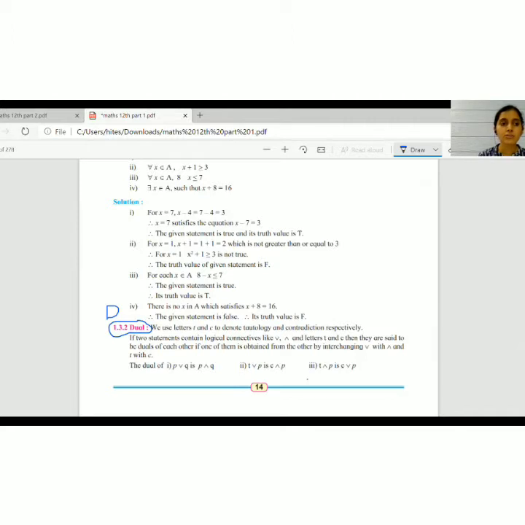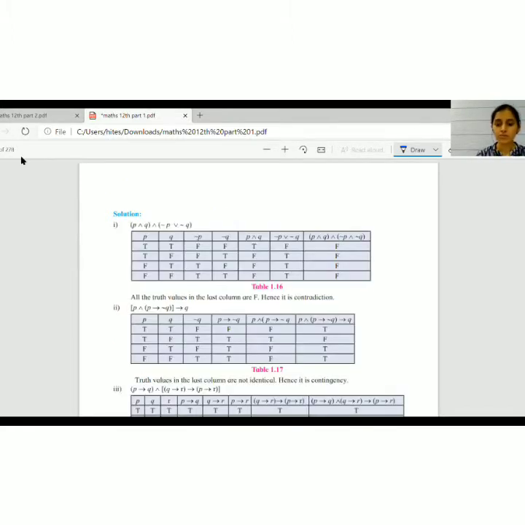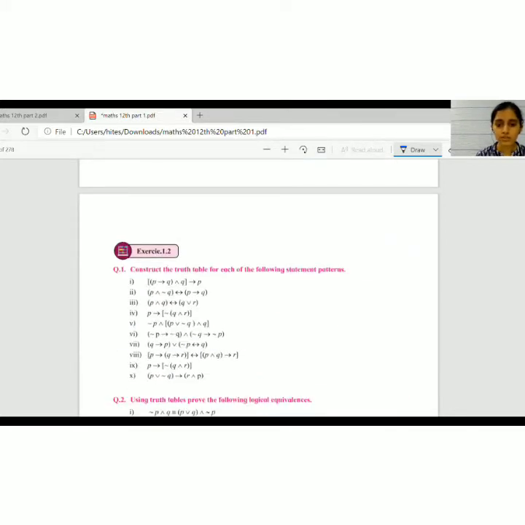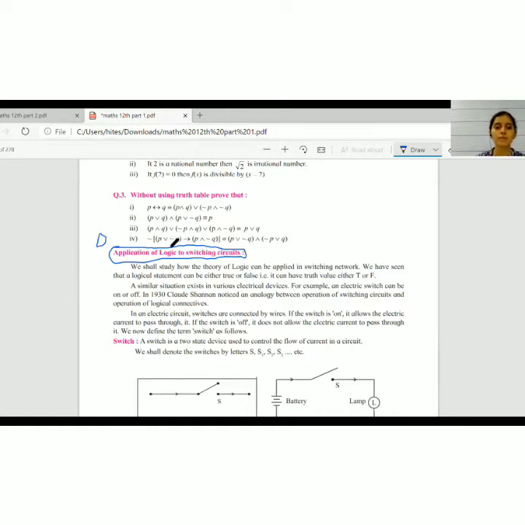And the next page we have said is page number 21. Sorry, let me just check one minute. Yes, page number 21 is the topic application of logic to switching circuits.